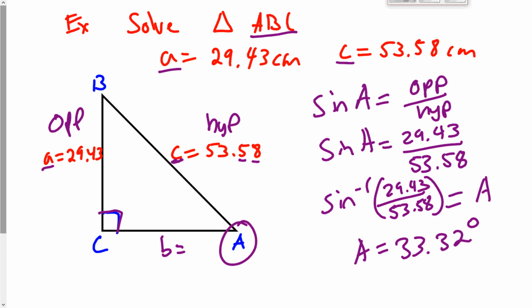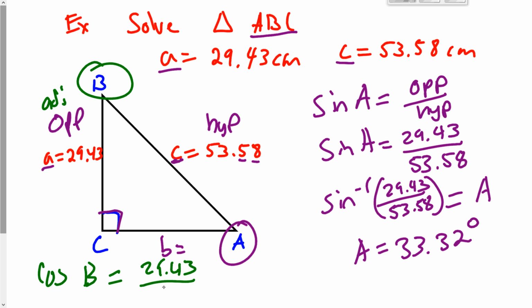Because even if I do this real quick, I'll show you. If I want angle B, this would be adjacent, and that would still be the hypotenuse, so this would be a cosine, right? So cosine of B would equal adjacent 29.43 over the hypotenuse.